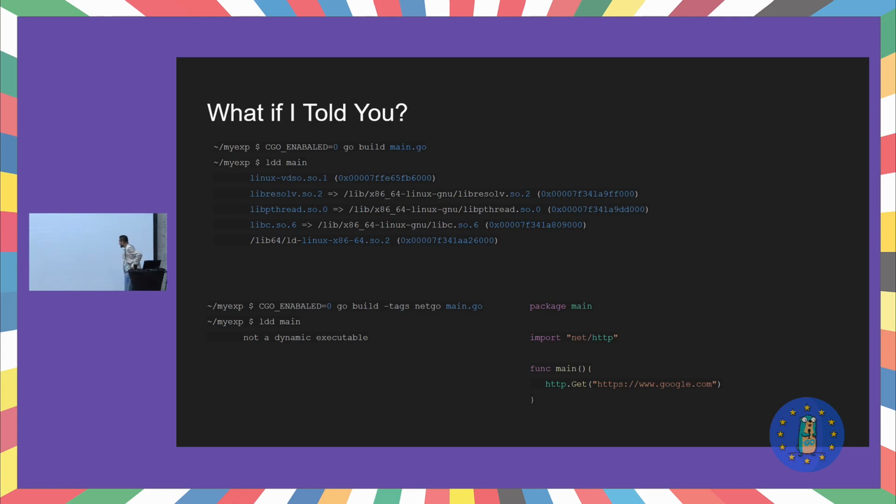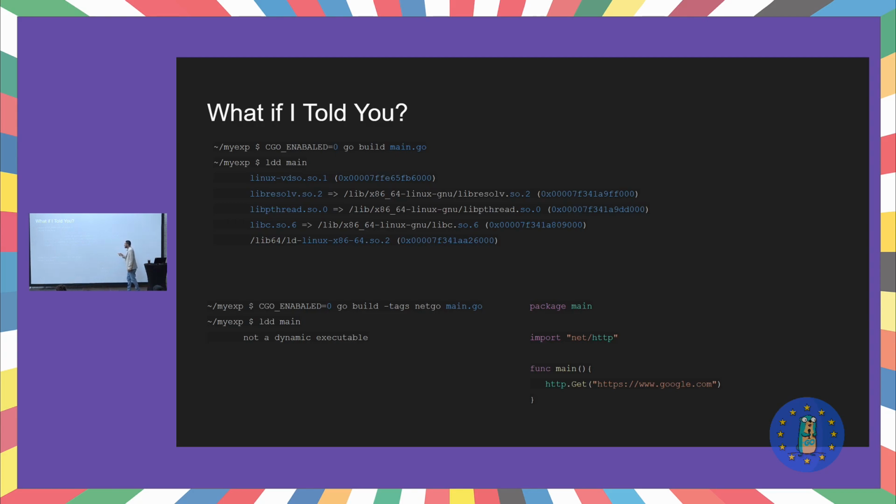Here's an example, and I don't have a good contrast in here. I have this simple code. I'm simply calling google.com with a GET request. I build it. This is a Linux machine. CGO_ENABLED is 0. I build it. I run ldd to find any dynamically loaded libraries in there. And I have dynamically loaded libraries.